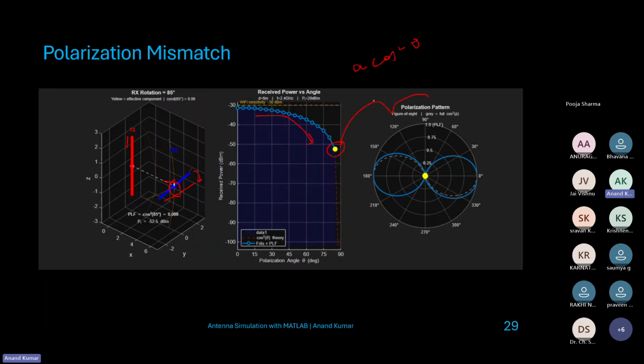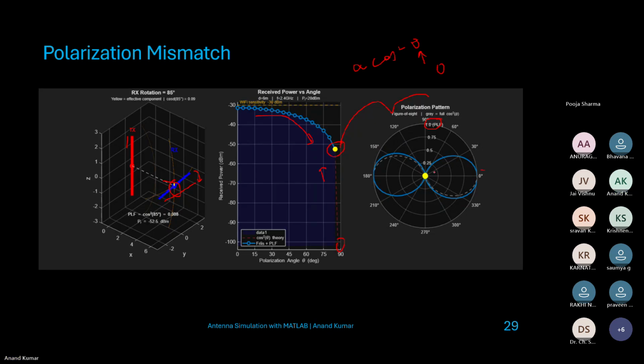Whenever cos theta is zero, this falls sharply to a very small value. And this is what the polarization pattern plot says. So the polarization loss factor is maximum.